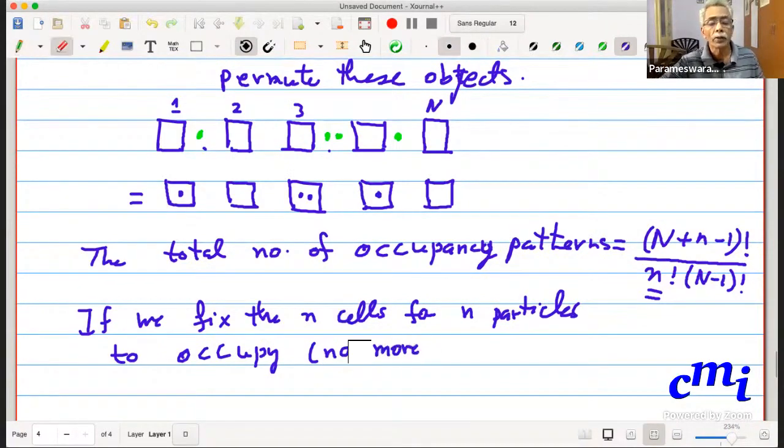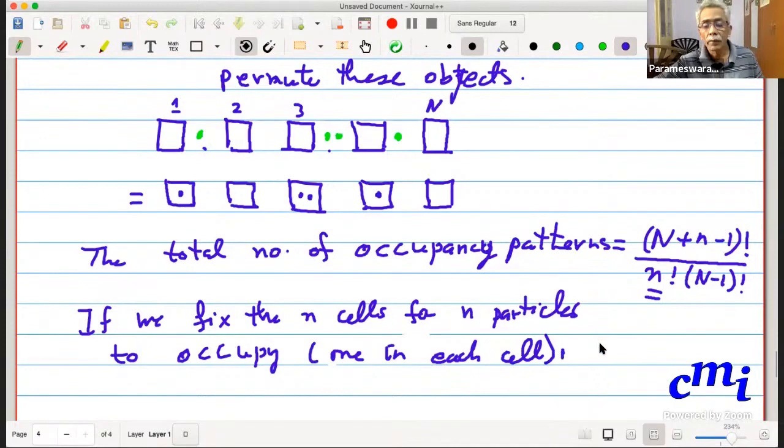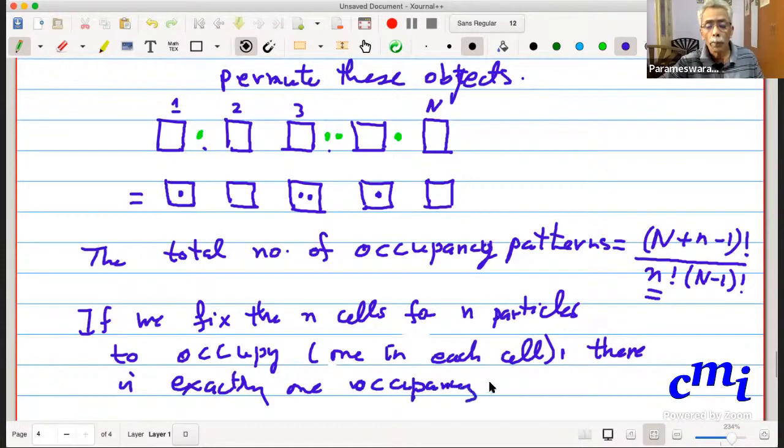That's a condition given to us, right? One in each cell. How many ways are there? There's exactly one way. There is exactly one occupancy pattern. Sorry for the terrible handwriting.